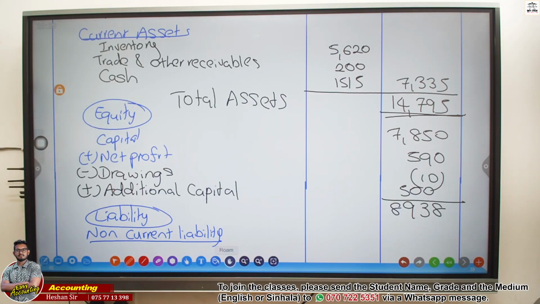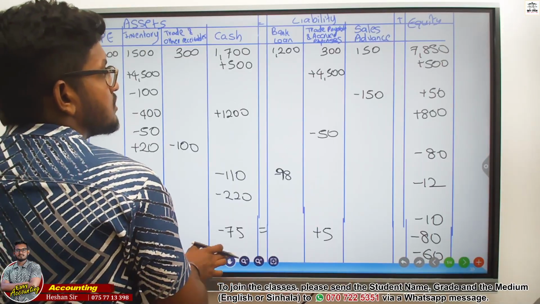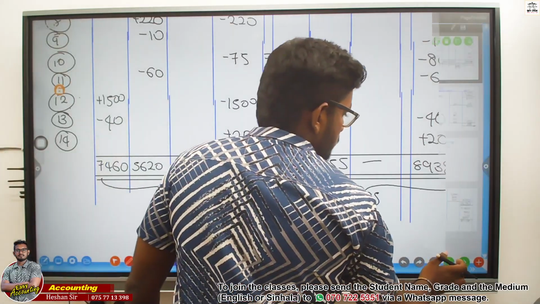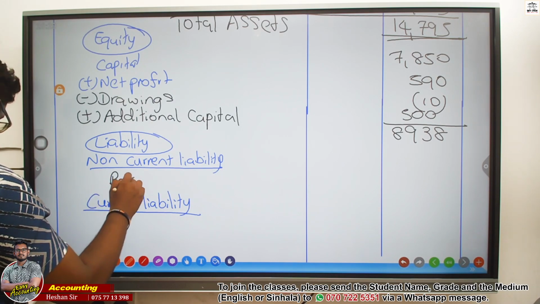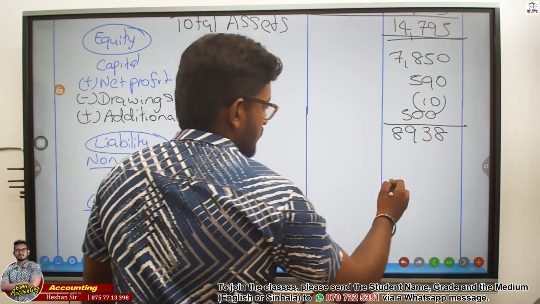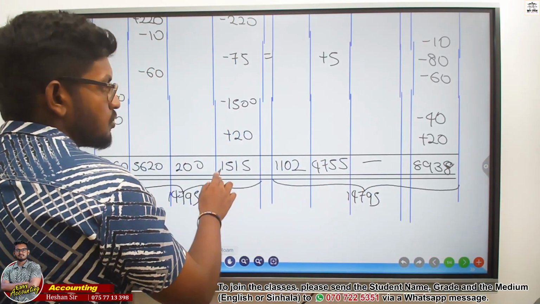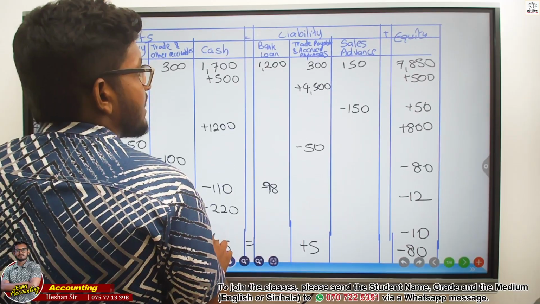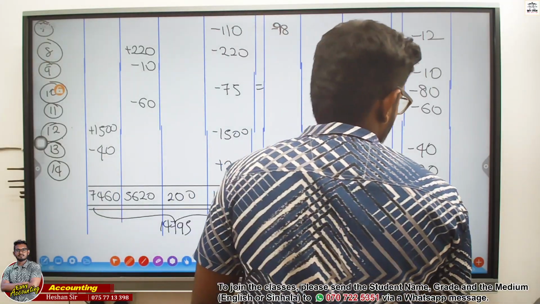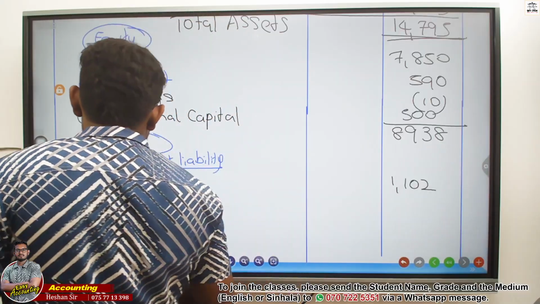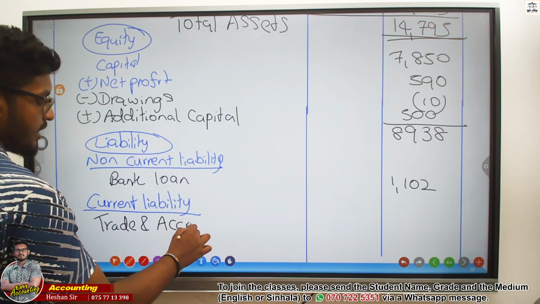Non-current liability, there is a bank loan. You can go and see the bank loan, 1102. As well as trade and accrued expenses and the sales advance. No sales advance, only the trade and accrued expenses.